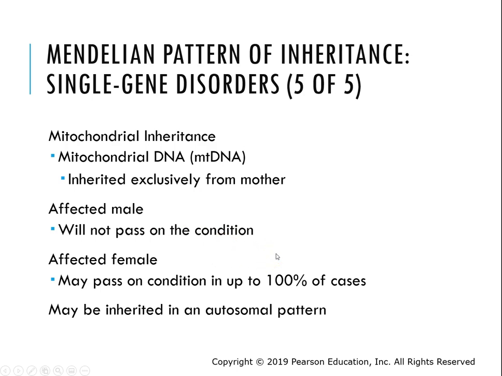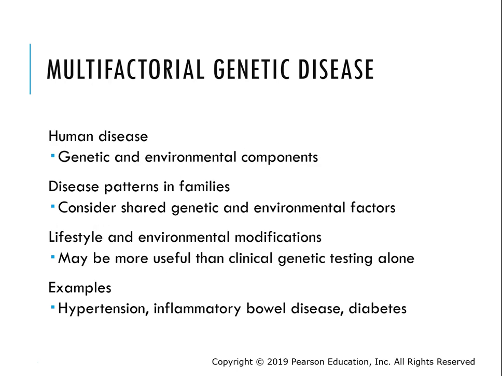Because the DNA is coming from the mitochondria, and it's only going to come from the mother because you have those mitochondria in the egg cell. Okay, we're not going to talk specifically about diseases associated with the mitochondrial DNA, as that's beyond the scope of our course, but something to be aware of and know about.